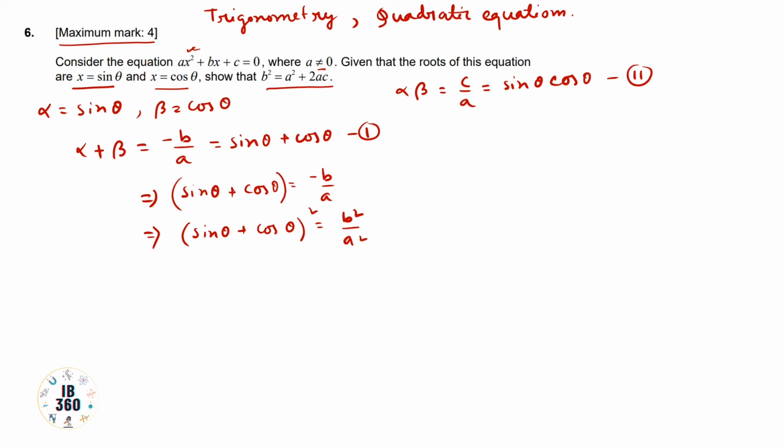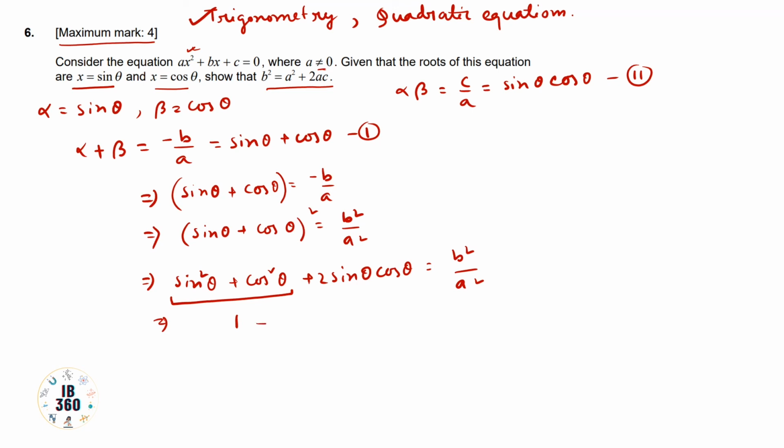So sine square theta plus cos square theta plus 2 sine theta cos theta equals b square by a square. Now sine square plus cos square becomes 1 from the trigonometric identity. So we get 1 plus 2 into c by a equals b square by a square, since sine theta cos theta is c by a.